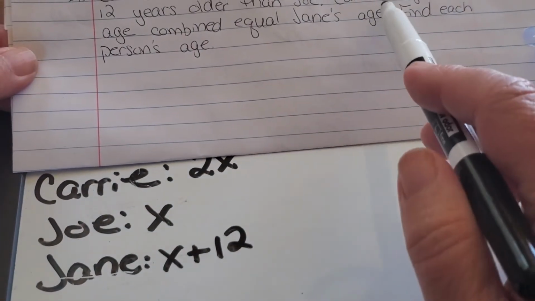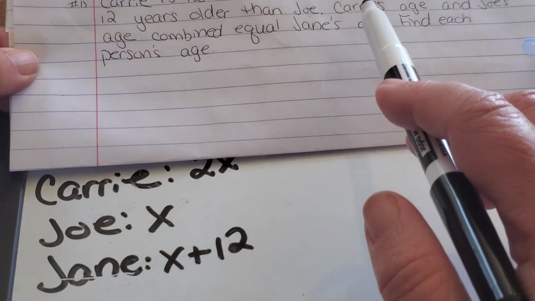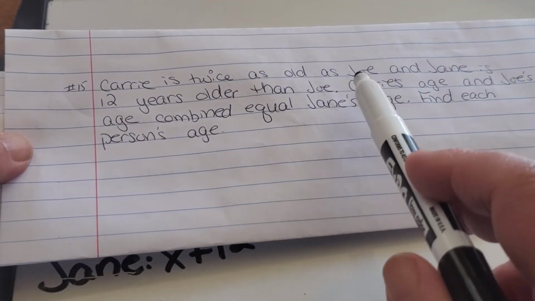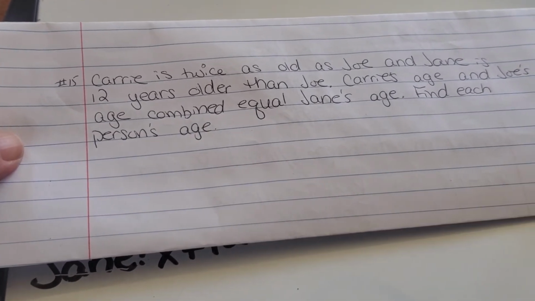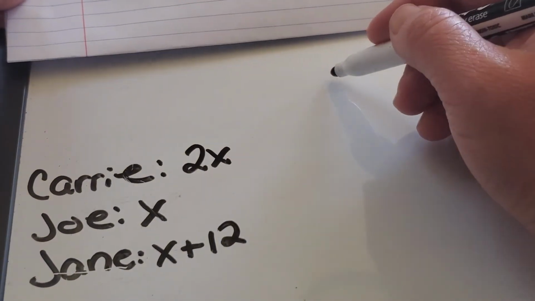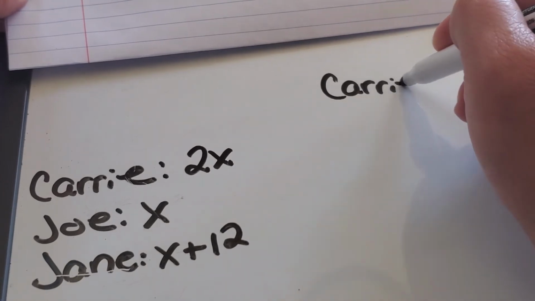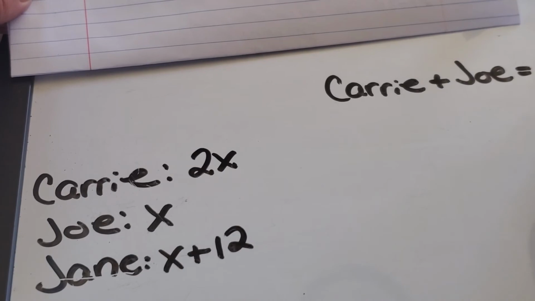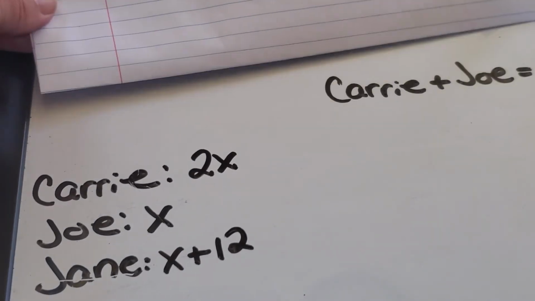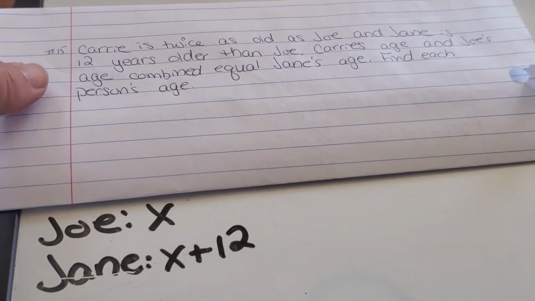Now, to write the equation, we need to use this. Carrie's age and Joe's age combined equal Jane's age. So Carrie's age plus Joe's age combined have to equal Jane's age. So now you can just fill in your expressions.